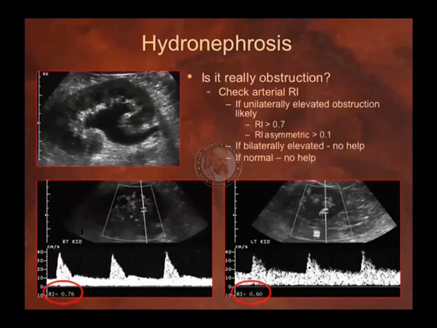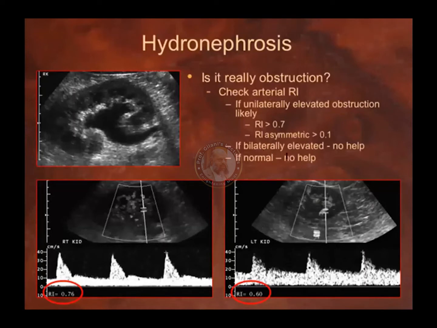In hydronephrosis, once we look, we have to see whether it is real obstruction. For that, we use color Doppler. We can measure the resistive index of the renal vessels. If unilaterally elevated, obstruction is likely, with the resistive index above 0.7.